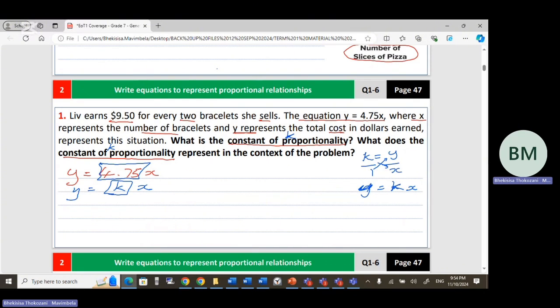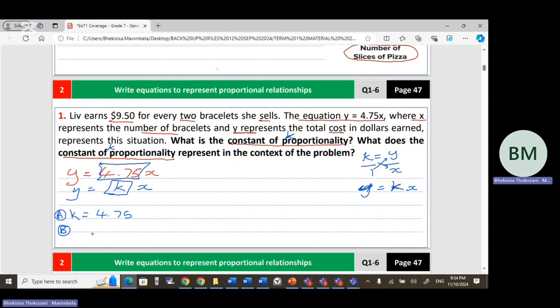So the constant of proportionality here is k equal to 4.75. Remember, k is the constant of proportionality, all right? So now I've answered the A part of the question. Now I want to answer the second part of the question.